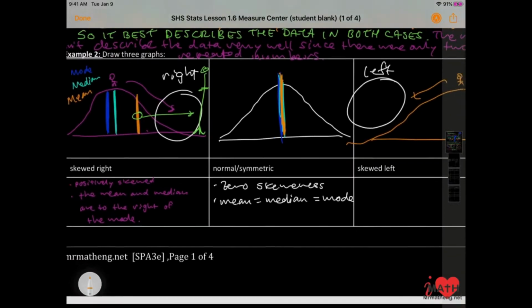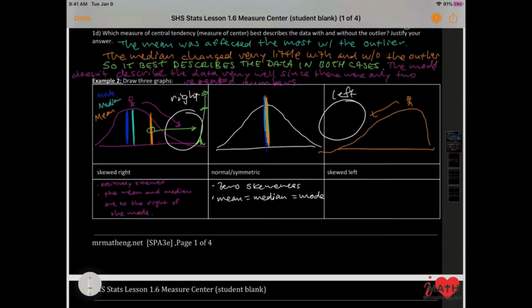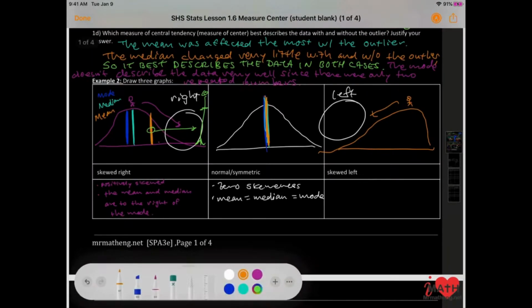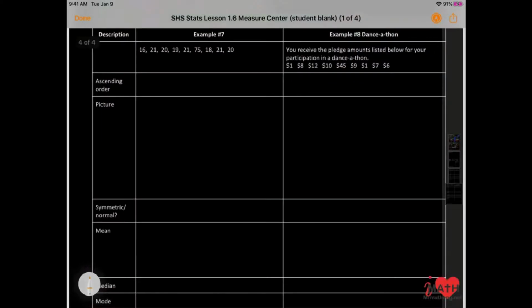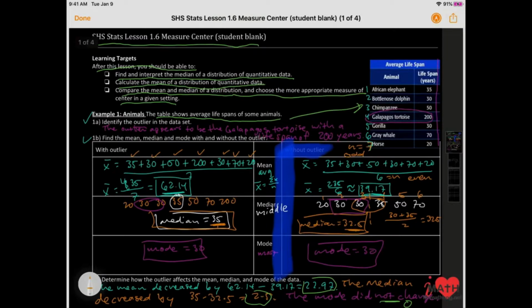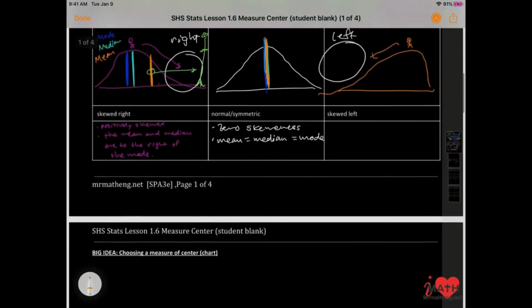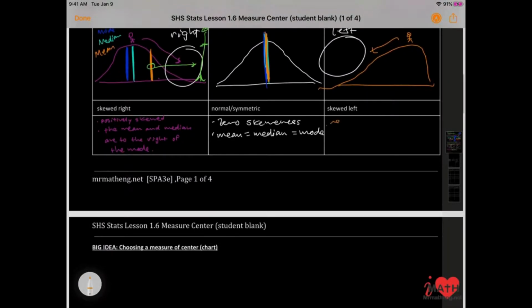Okay, all right, let's try it over here now with left. They would call this one negatively skewed. All right, big idea for this one is, where is the mean and median?